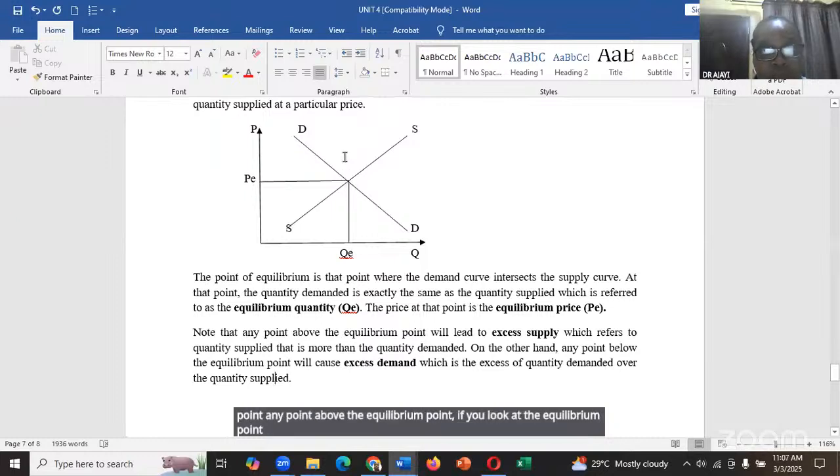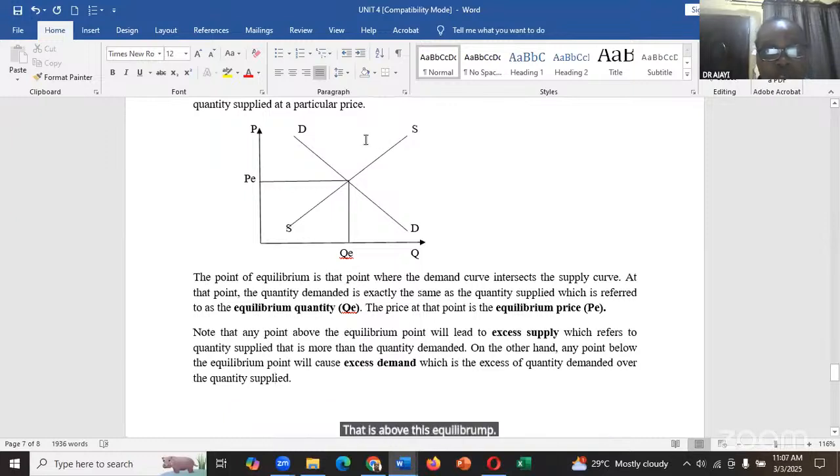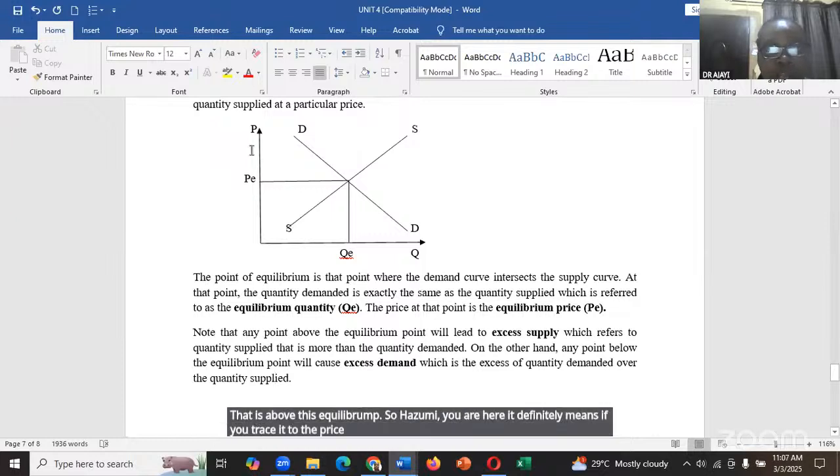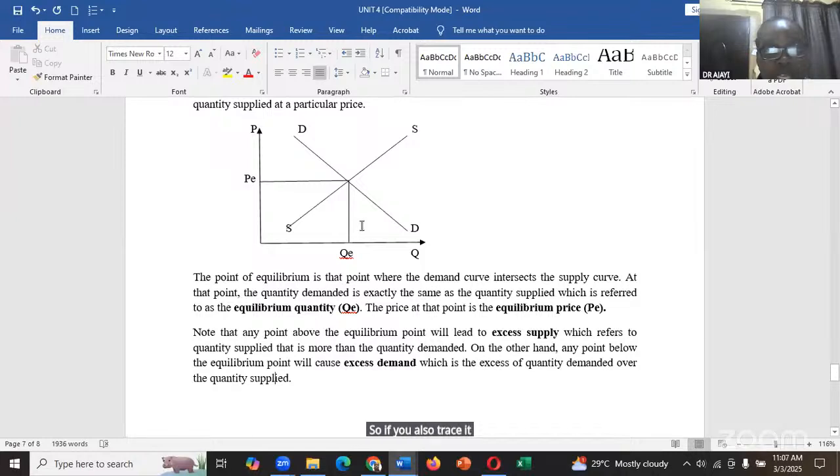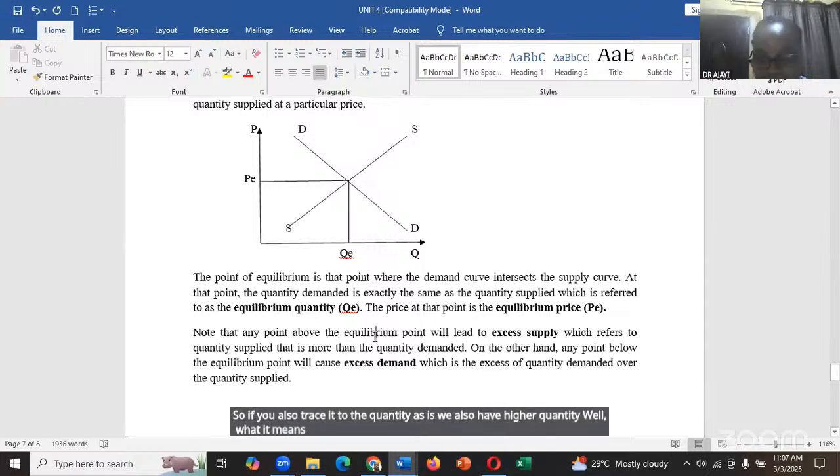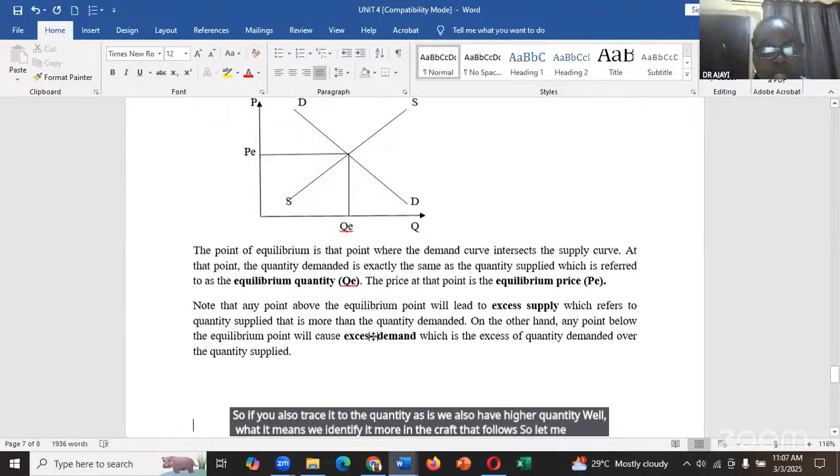If you have any point here that is above this equilibrium, so assuming you are here, it definitely means if you trace it to the price axis, we have higher price. If you also trace it to the quantity axis, we also have higher quantity. But what it means, we will identify it more in the graph that follows. So let me go to the graph that explains that.